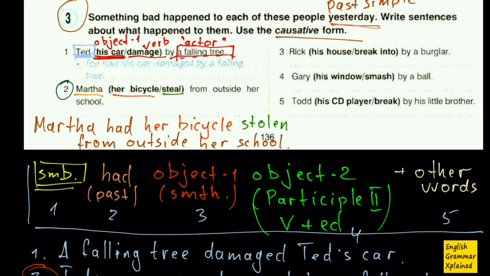What is interesting about this sentence? If we compare the first sentence and the second one, we see that in the first sentence we have a so-called agent or actor. We have it in our sentence, so we know what actually damaged Ted's car. But in the second sentence, we don't have an agent or actor or performer. We don't know who actually stole Martha's bike.